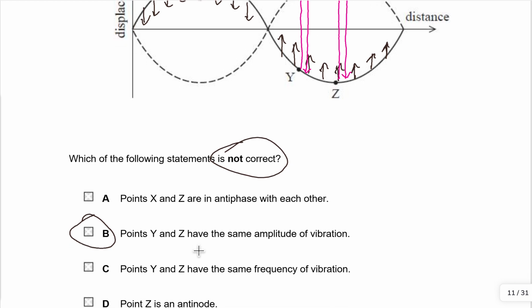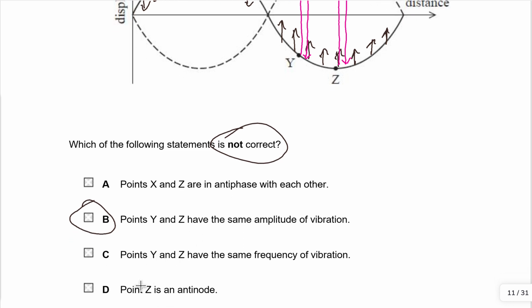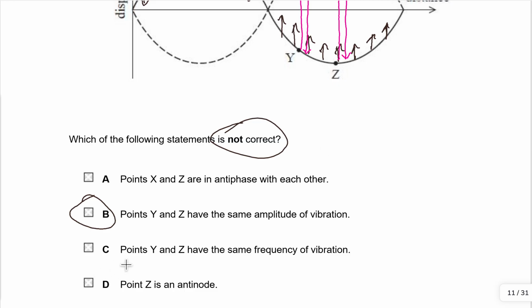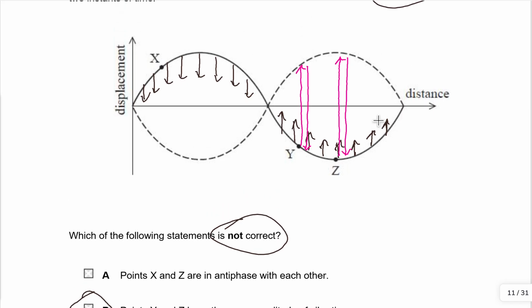Let's just confirm the other two are correct. Z is an antinode. It's sitting halfway between a node and another node, and that is correct. Z is indeed an antinode. And Y and Z have the same frequency of vibration.